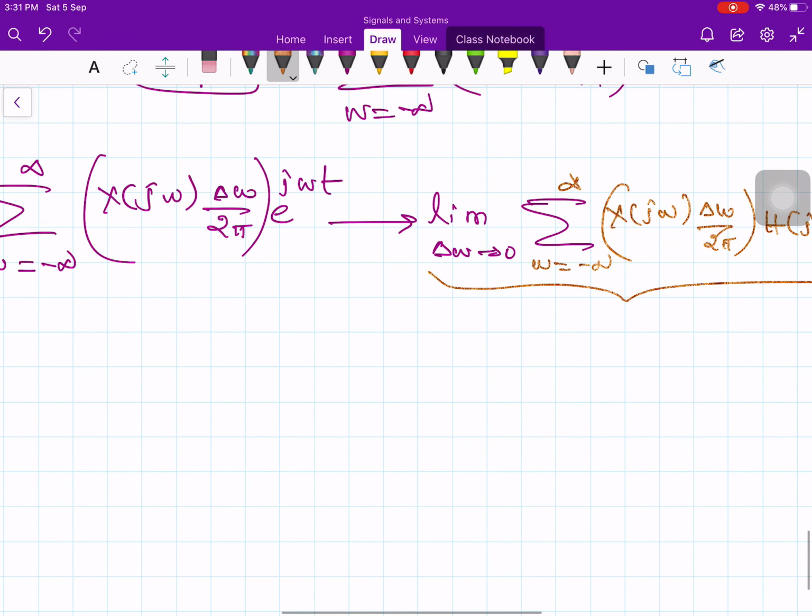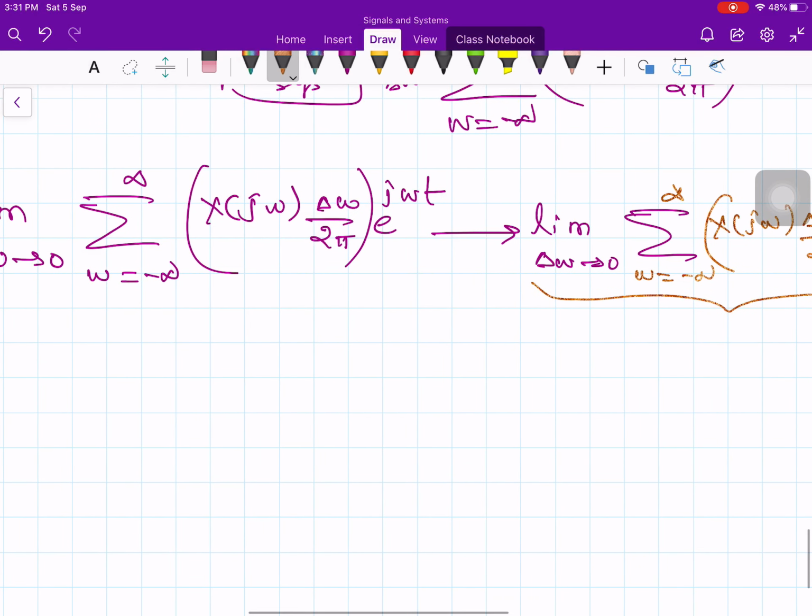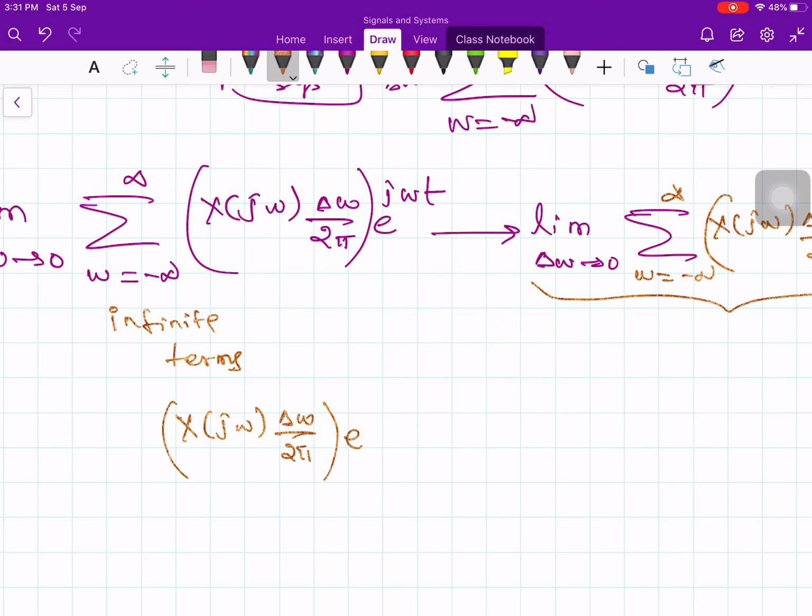So see this summation contains infinite terms, right? Infinite terms. Now let me give only one term. What will happen? X of j omega delta omega by 2 pi, then e to the j omega t, then the output will be x of j omega delta omega by 2 pi, then h of j omega times e to the j omega t.